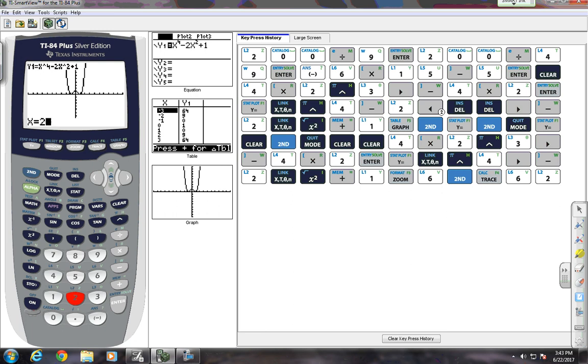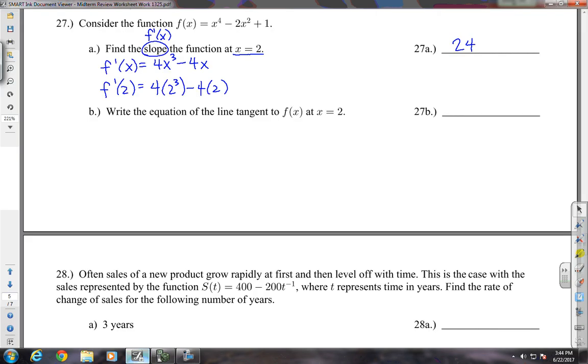So type in 2 and press enter. Notice the calculator approximately evaluates the slope at about 24. The calculator will have some rounding error, but it verifies what we did analytically by hand, that the slope is 24. Part B says write the equation of the line tangent to f of x at x equals 2.